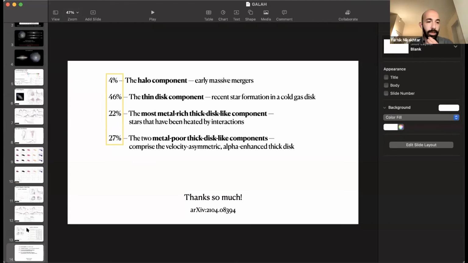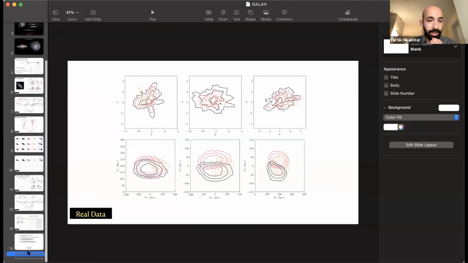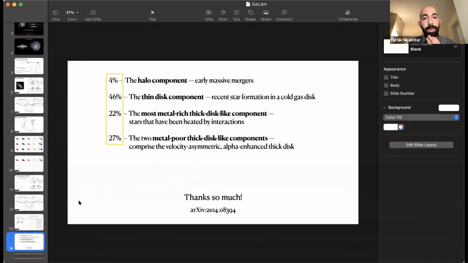Yeah, we can see, for example, for these 3 intermediate components, these are for the real data that we have. In the X, Y, Z plane and velocities, we can see one of them has negative VZ velocities, and the other one has positive. So basically, one of them is the most metal-rich thick disk-like, which is related to the stars that have been heated by accretion.